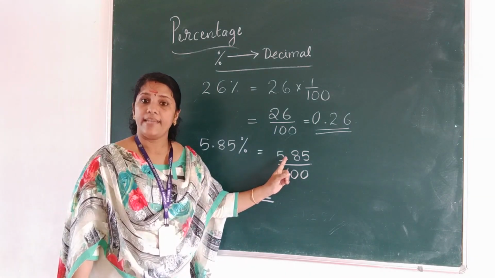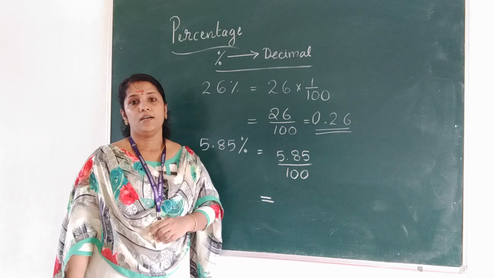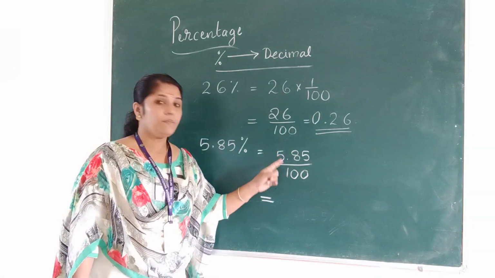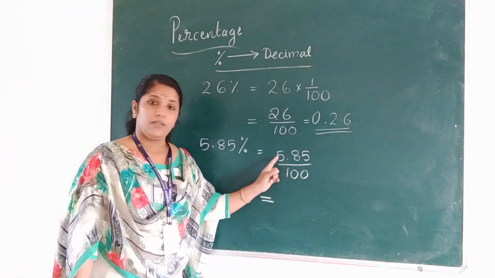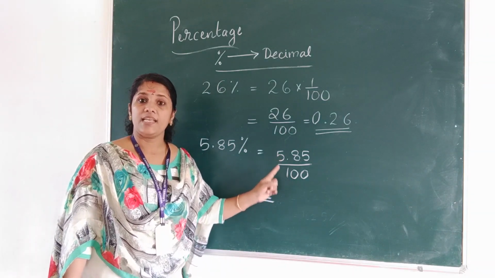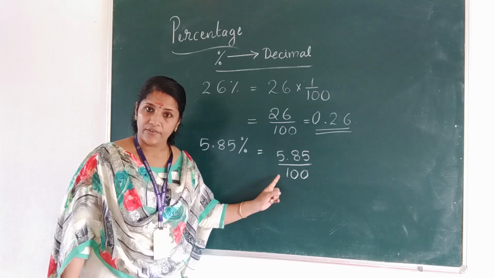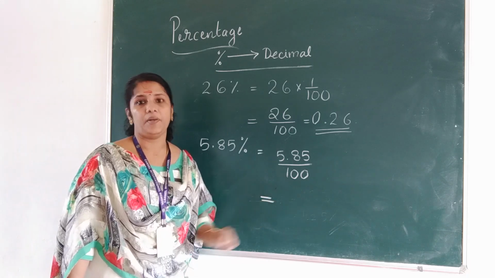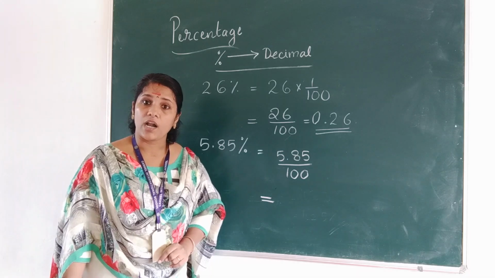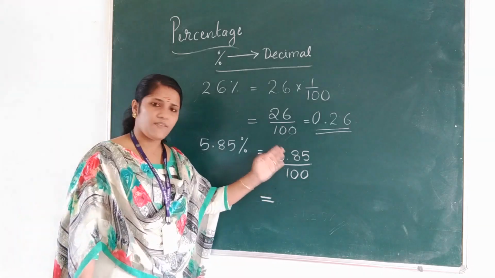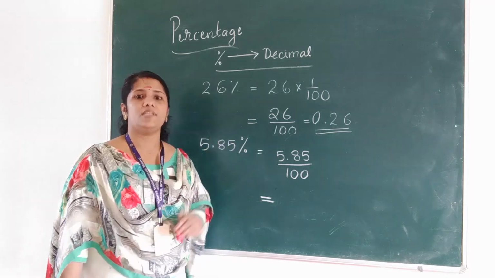Numerator is a decimal number. When you are dividing a decimal number by 100, or a multiple of 10, how will we write the decimal, or how do we move? In the same way we will move to the left side.